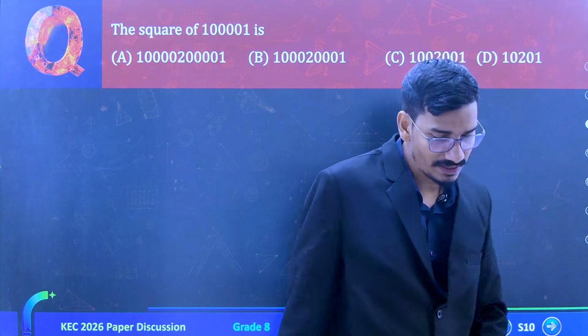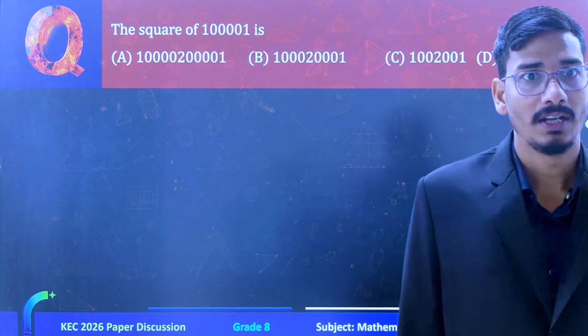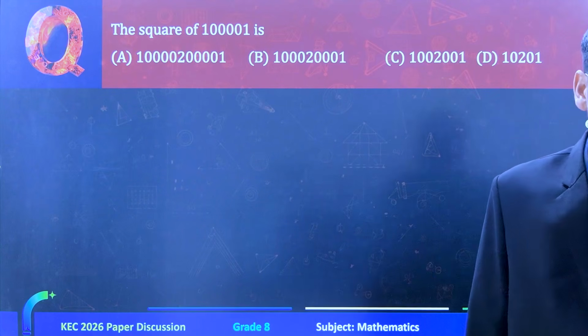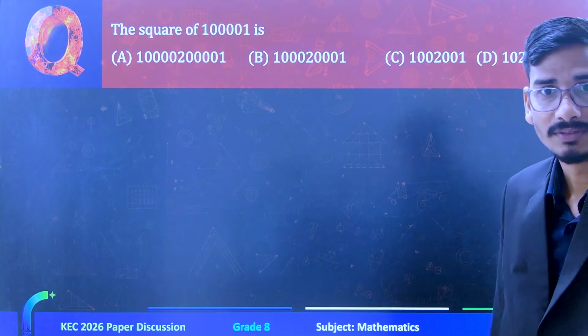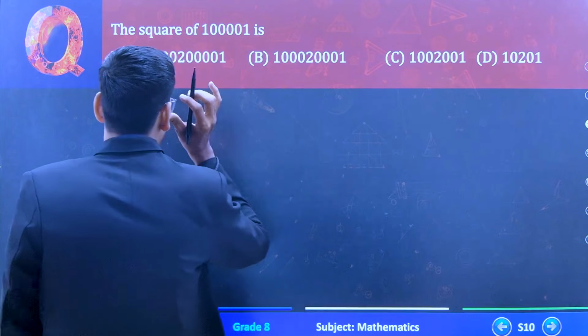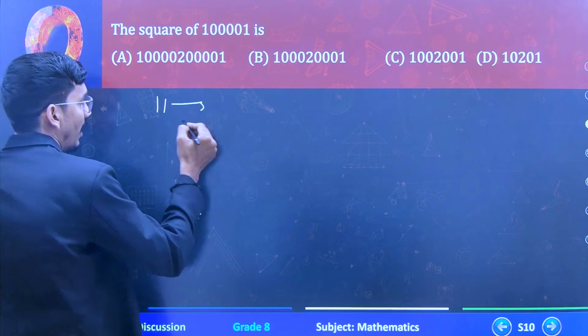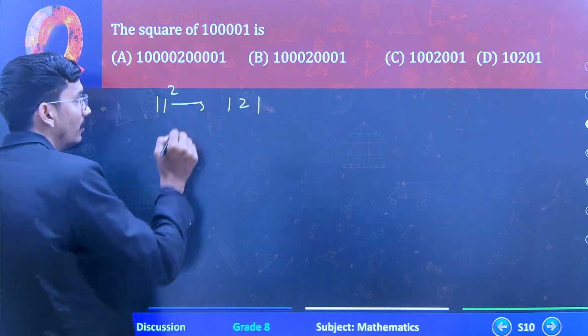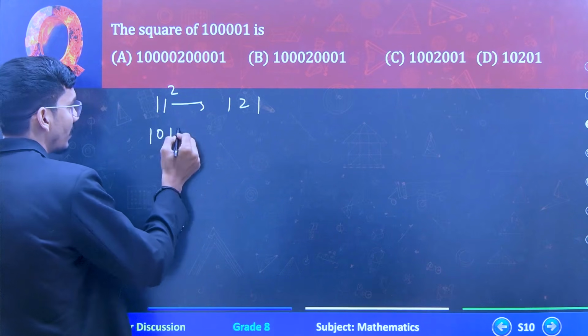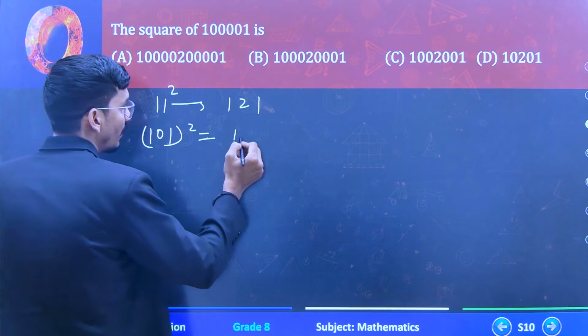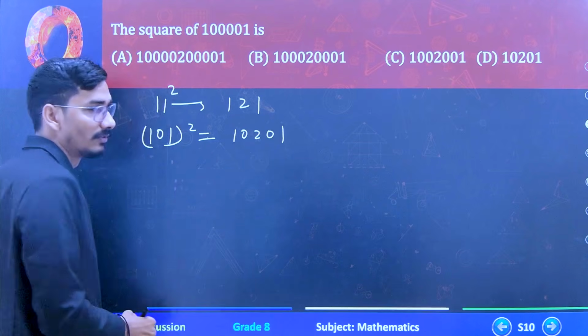So coming to the next one, this question is very easy. Next question, beta, the square of 100,001. So listen, if I am talking about 11, what is the square of 11, beta? It's 121. Okay, if I am talking about the square of 101, it's what, beta? 10201.